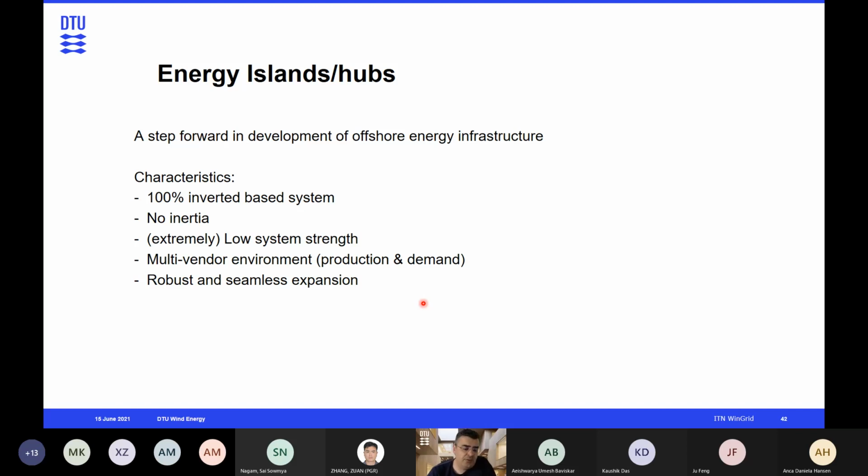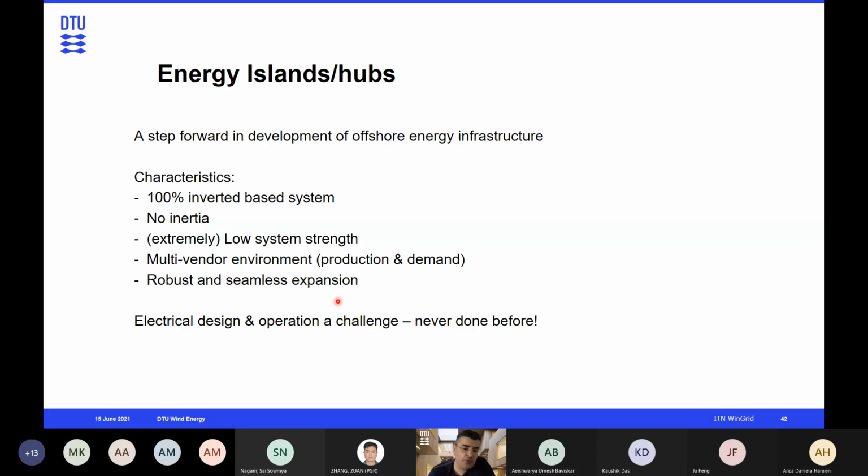And of course, they have to be designed already today to be robust and allow seamless expansion, because nobody will accept, for example, stopping the operation of the initial energy island for a couple of years because it needs to be expanded.